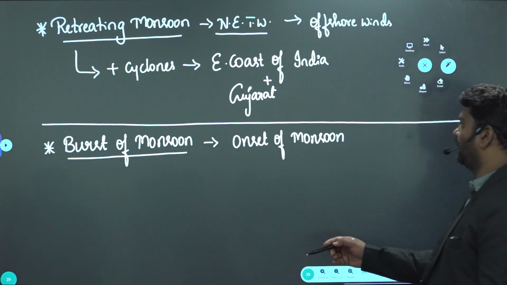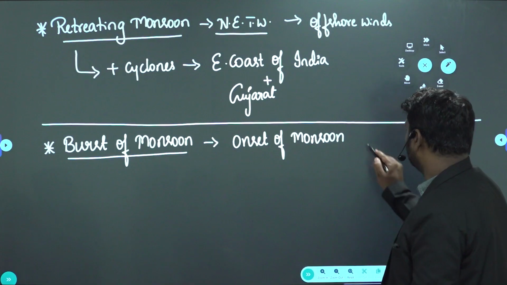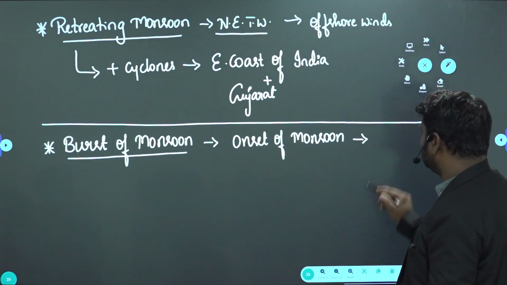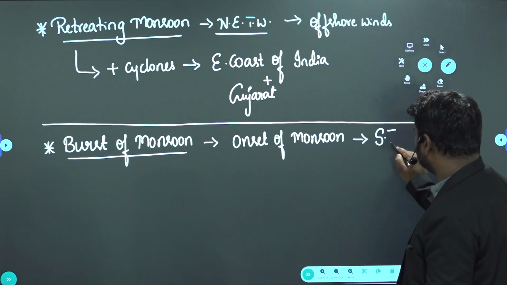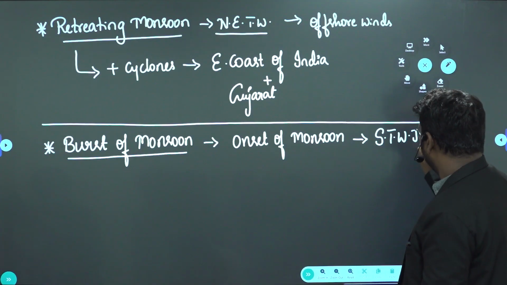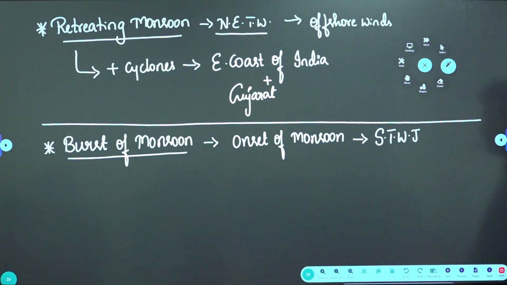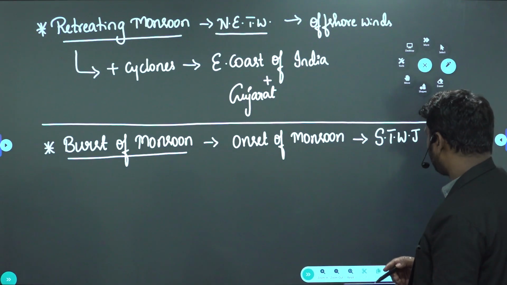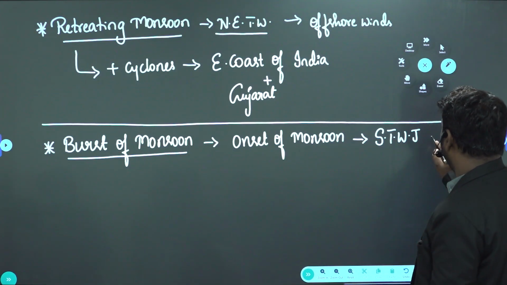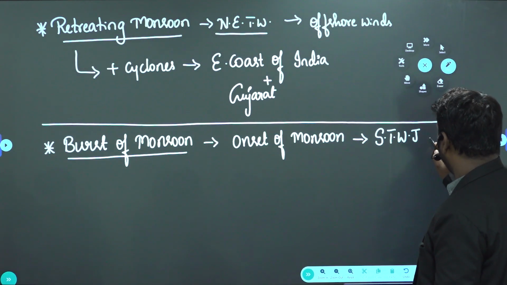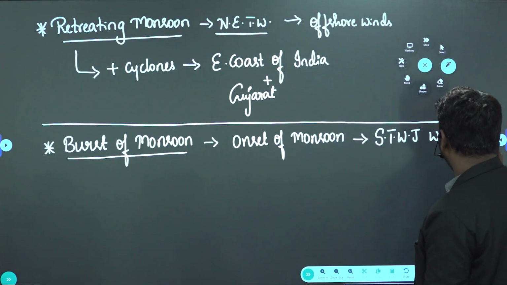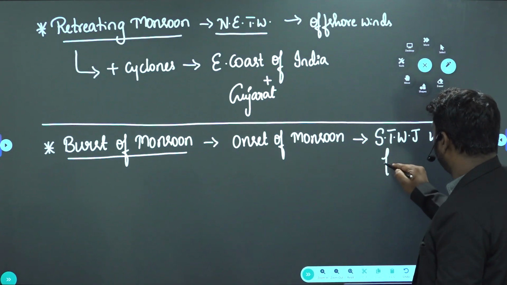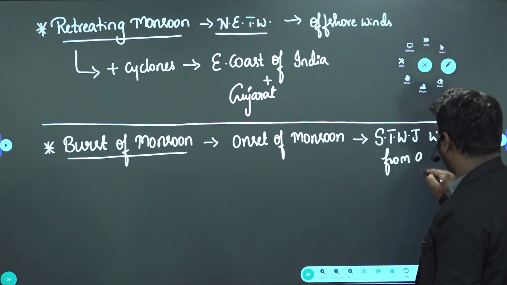The onset of monsoon is present because the subtropical westerly jet stream withdraws from the Great Plains.